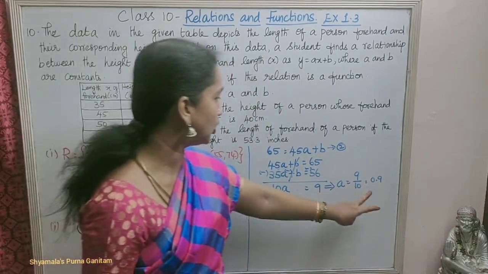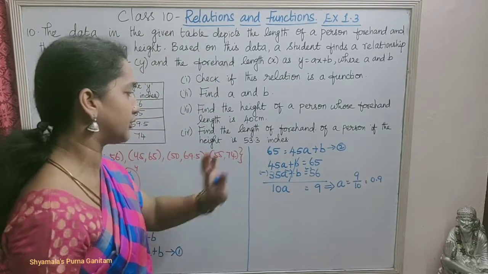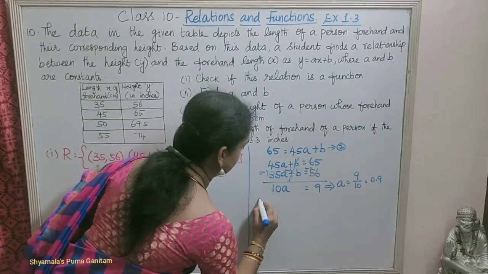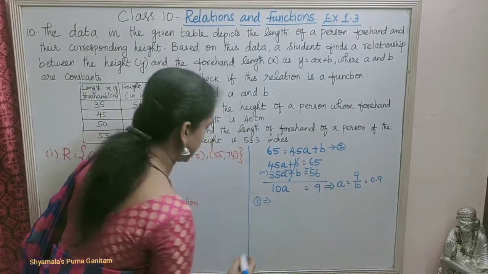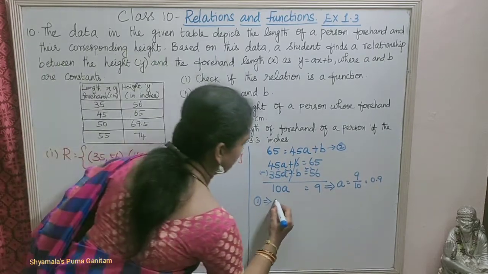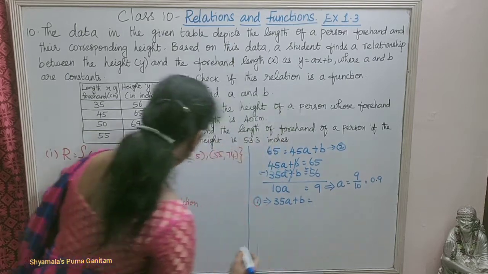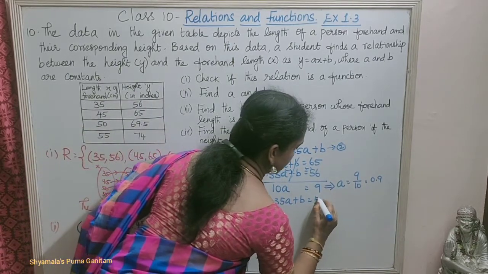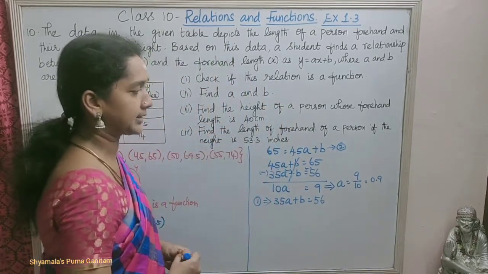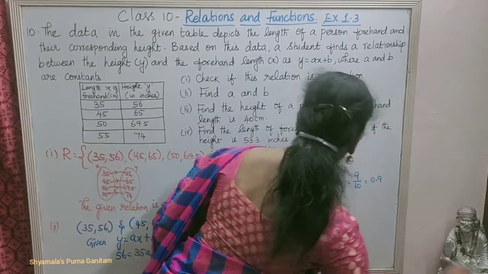So this a value, we will substitute in any one of the equations. So we will take the first one. So the first equation is 35a plus b is equal to 56. So we will substitute this a value here.